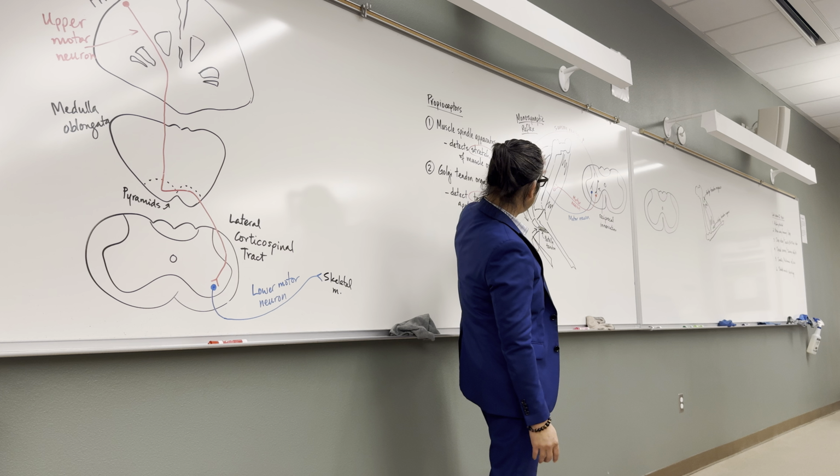Now, in order for us to name these 2 neurons in this pathway, this neuron that's exclusively found within the central nervous system basically starts from the primary motor cortex, traverses all the way down through the medulla oblongata, all the way down into the spinal cord, and finally jumps into the ventral gray horn. We call this one the upper motor neuron.